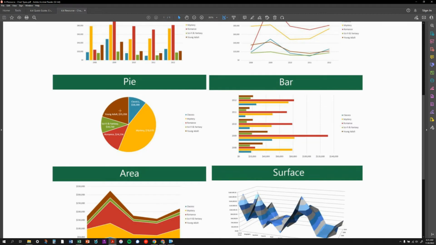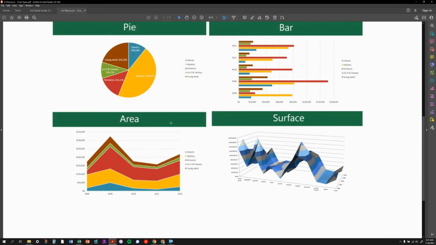A pie chart allows us to look at, as a whole, what makes up the most of this 100%, this whole that we've got here. Bar charts allow us to do this comparison, similar to the column, just across amounts and time.